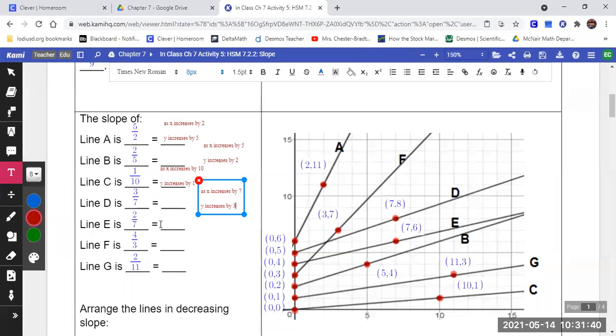Someone other than Janessa, she's just done 2. Somebody else do one. X increases by 7, Y increases by 2, thank you. How about F?